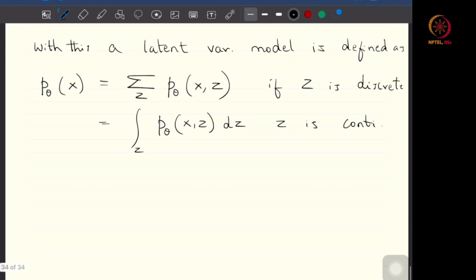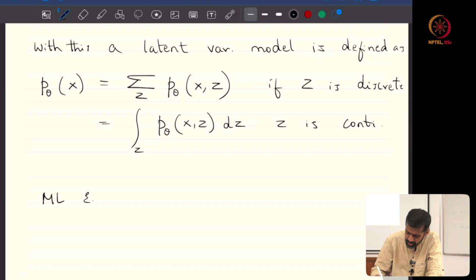So the question is maximum likelihood estimation, ML estimation, for latent variable models.